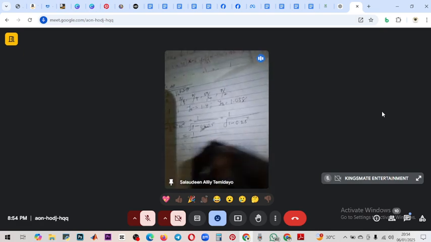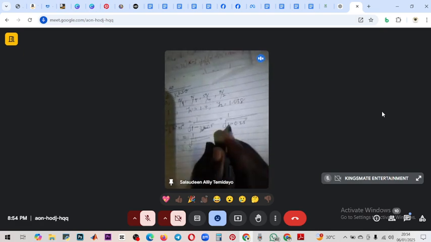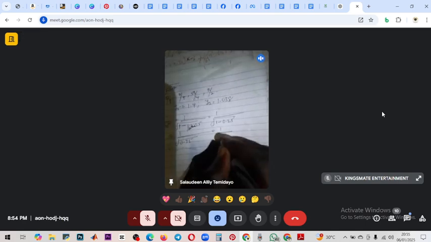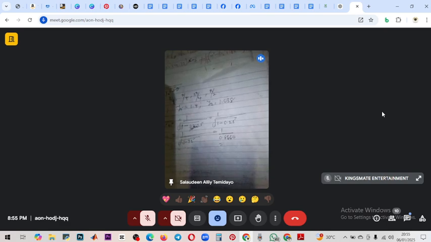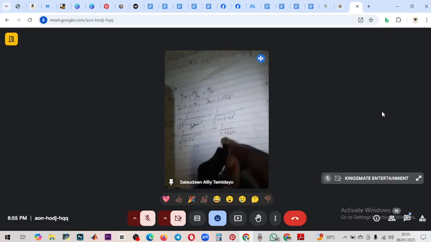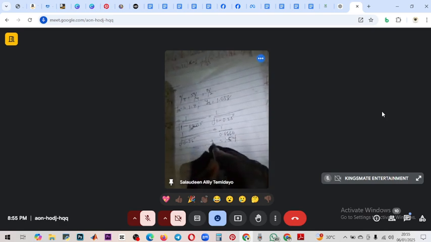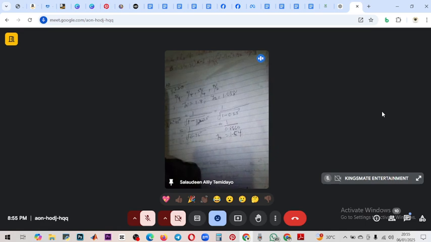Now we are having 1 over square root of 0.75, which is 0.8660. So this is 1 over 0.8660, and the answer is 1.154 as the value of y3.